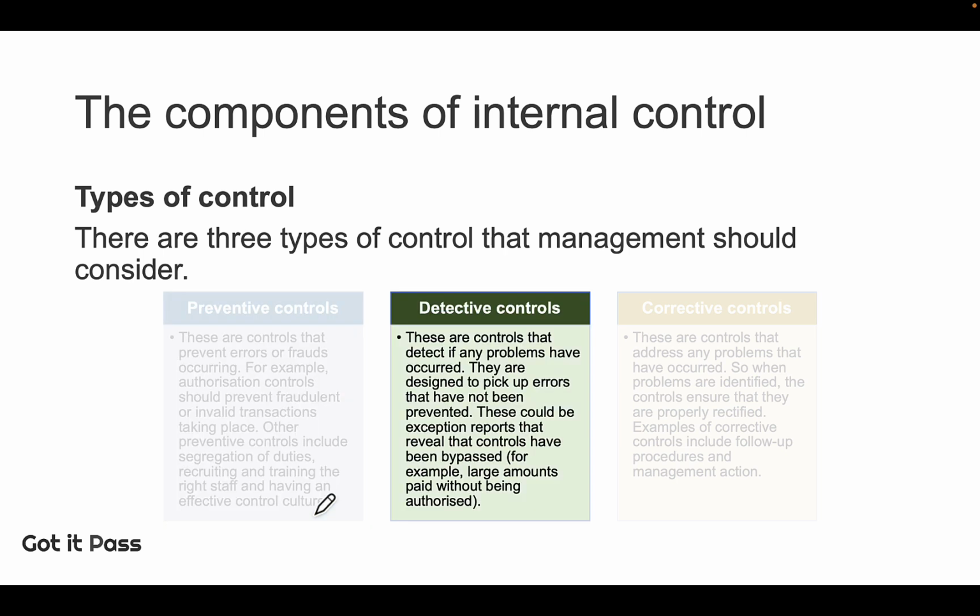These are controls that detect if any problems have occurred. So this is detection. They are designed to pick up errors that have not been prevented. This could be exception reports that reveal the controls have been bypassed.